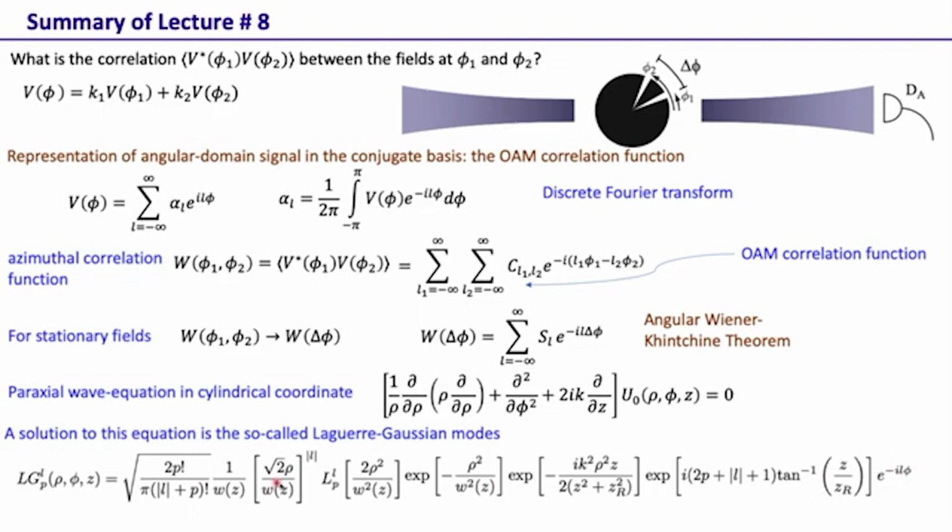So in many situations, this mathematical mode e to the iLφ can be simulated by this physical mode. And the point, which was shown by Allen et al., we had the reference in the last lecture, is that if this is a mode, then the orbital angular momentum per photon is ħL.